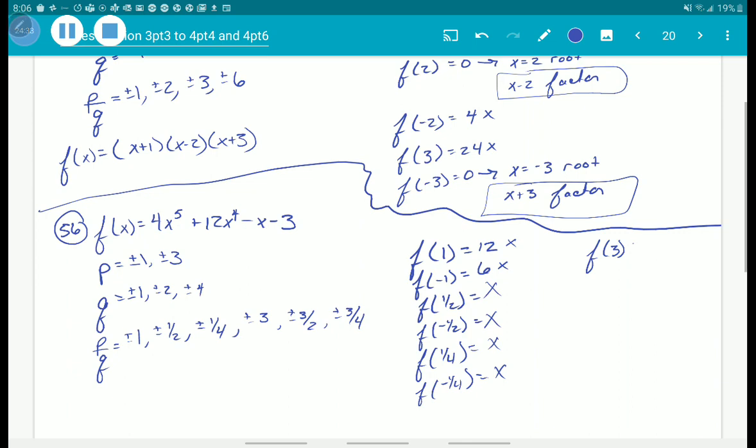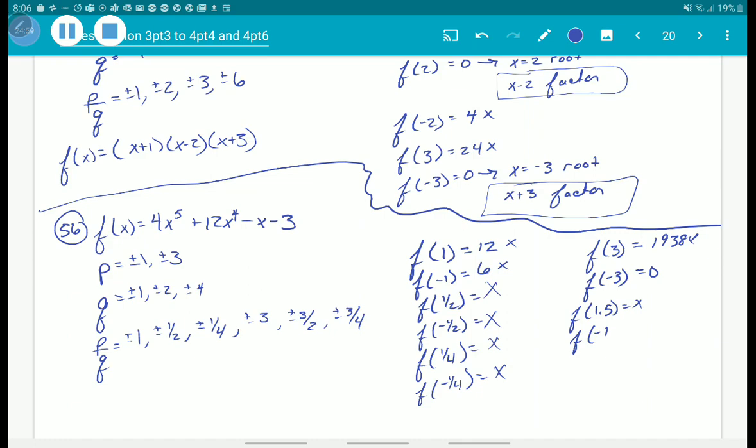If I plug in a 3, I got 1938, so that doesn't work. But if I plug in a negative 3, I get 0. Whew. We finally got one. 1.5 doesn't work.